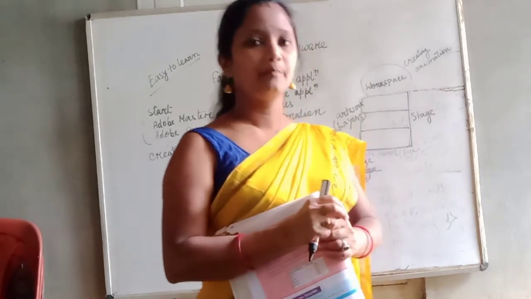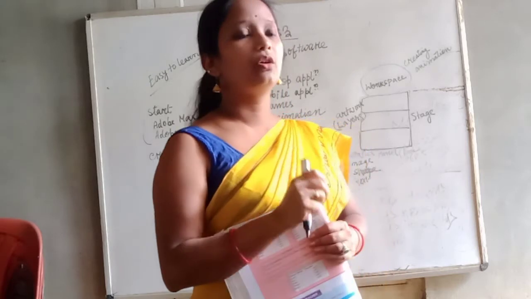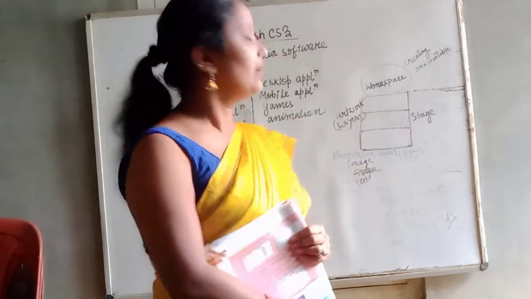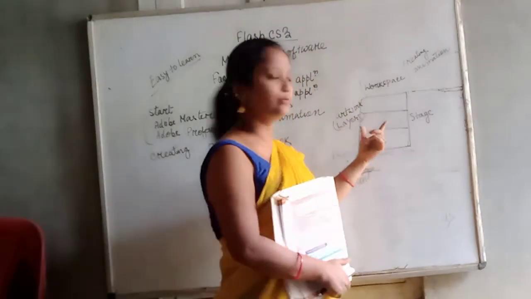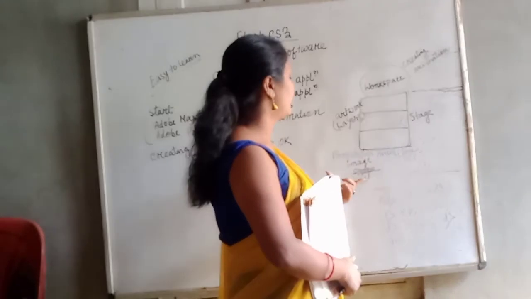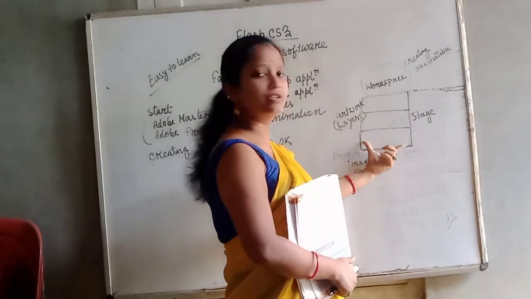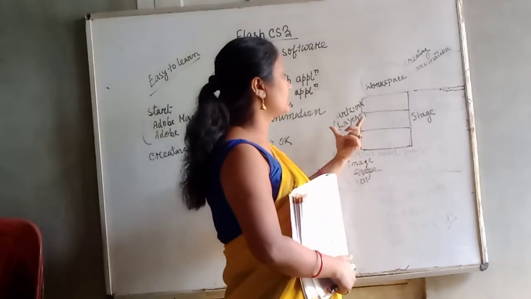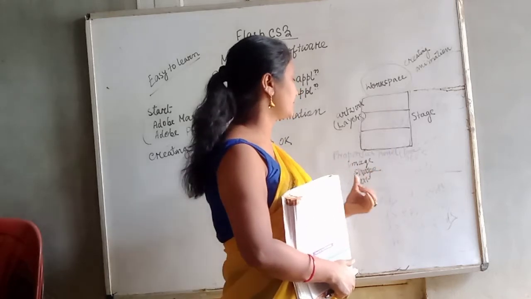In Flash CS3, if you want to insert any artwork, you do it in the layers. So the white part is called the workspace, the middle part is the stage, and the layers are where you insert artwork.